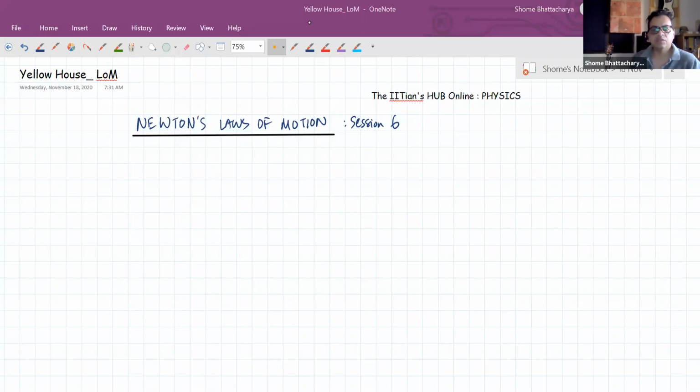So we'll firstly understand the definition of what is called an inertial reference frame.